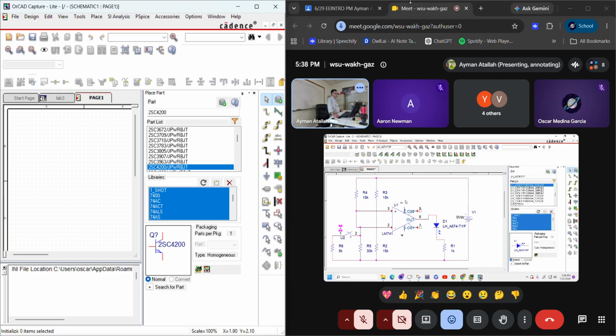Okay. So I forgot to connect this source here, this to this, and this to ground. The operational amplifier needs power.